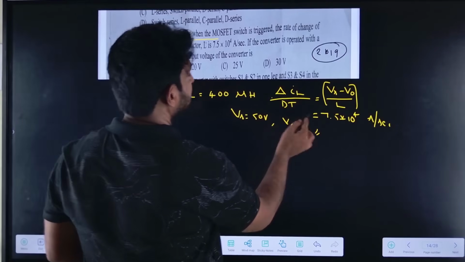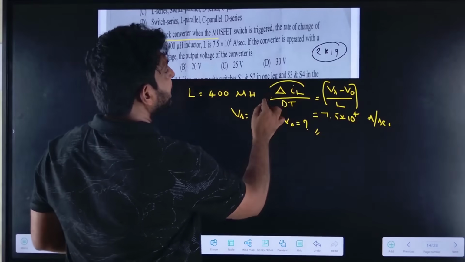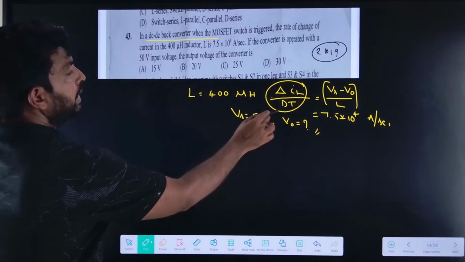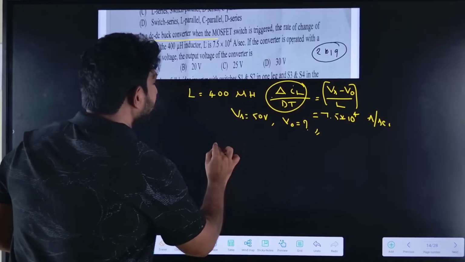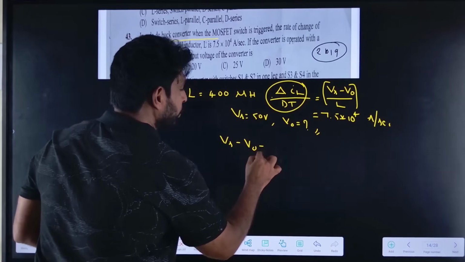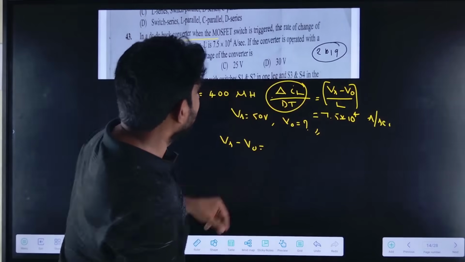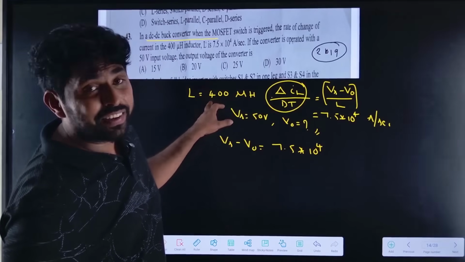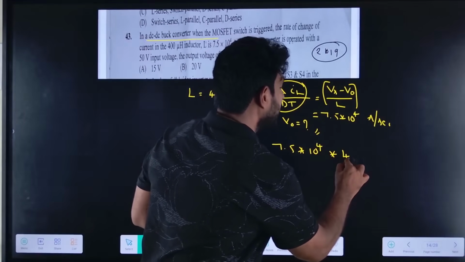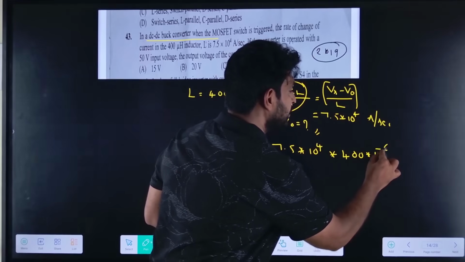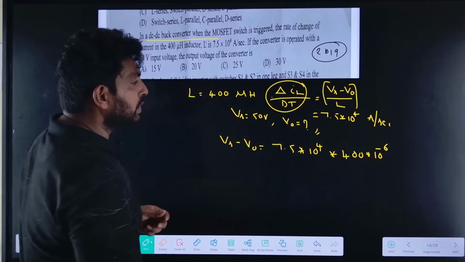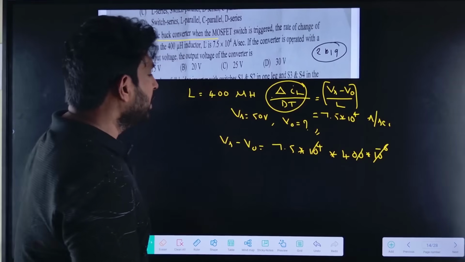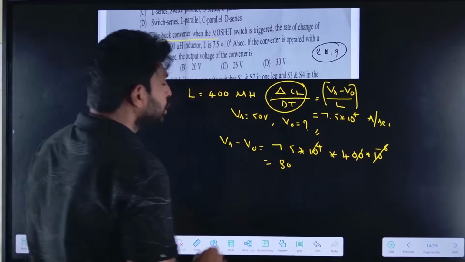So Vs minus V naught equals 7.5 into 10 power 4 into L. L is 400 into 10 power minus 6 henry, so this will cancel out. 7.5 into 4 equals 30.